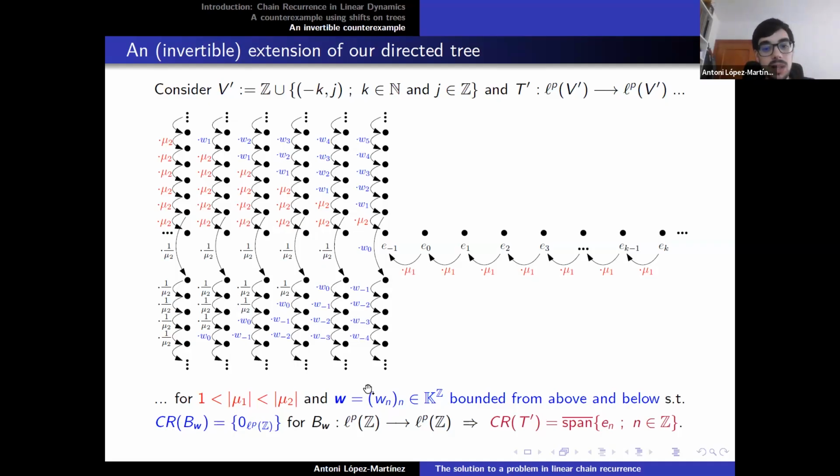And the thing is that once you consider this, the modified operator is no longer a backward shift on a tree, because backward shifts on trees are invertible only if they are bilateral and classical shifts. But you can still prove the same property, that for this modification of the operator, the set of chain recurrent vectors is exactly the linear span of the zeta level. Then you get the same proof as in the previous case, and this one is invertible.